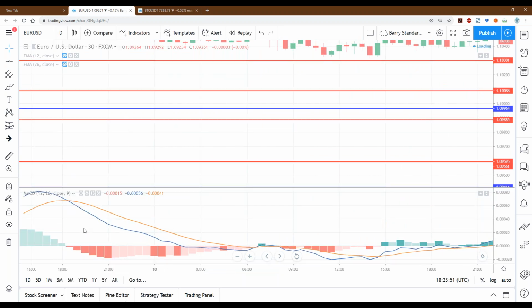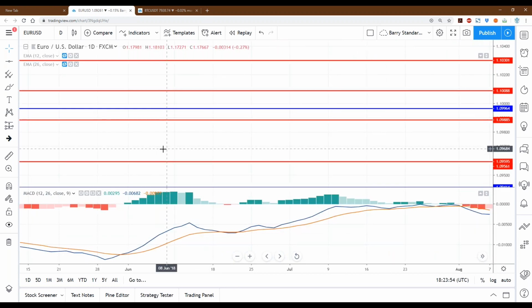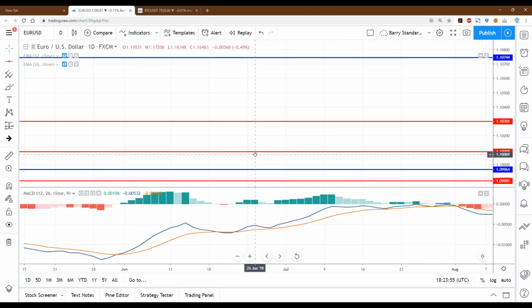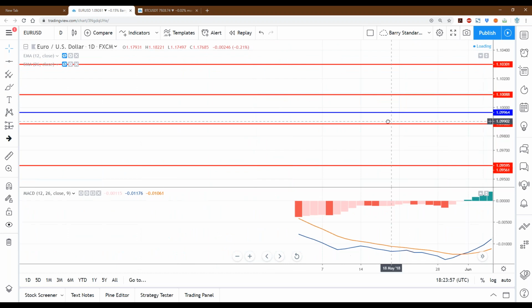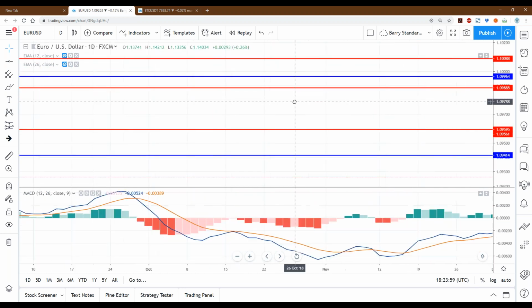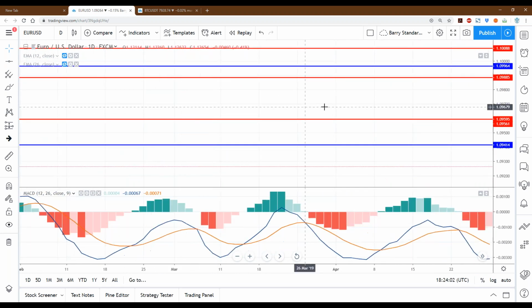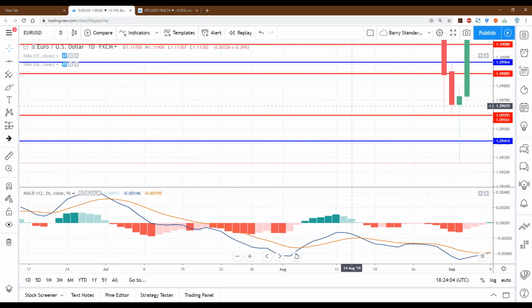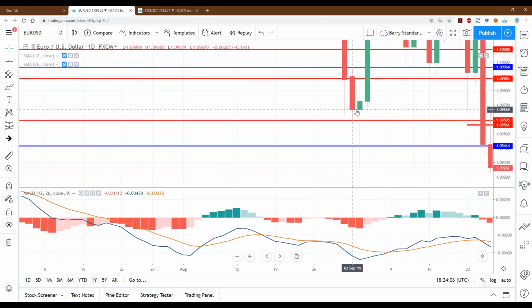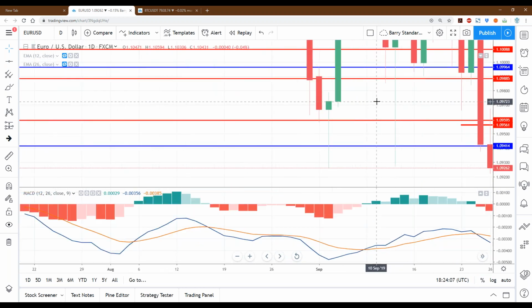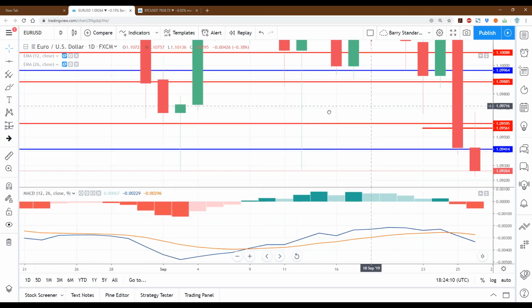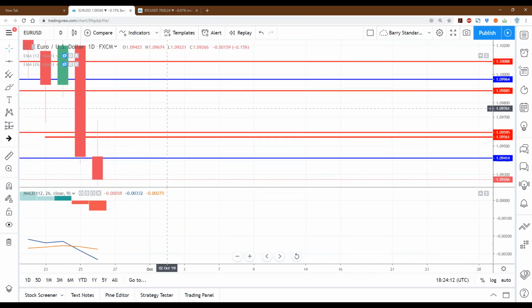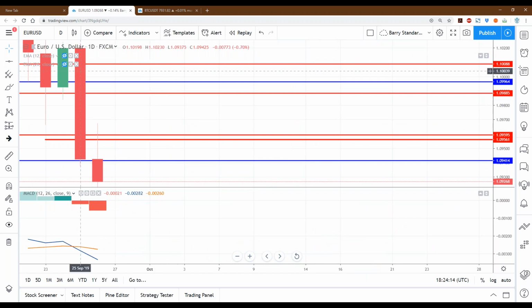Let's see if we can go back to a 1-day chart. Nothing really significant because it's making a new low.